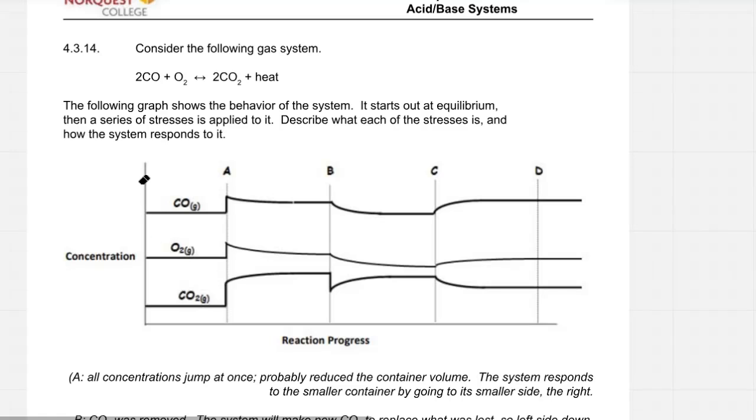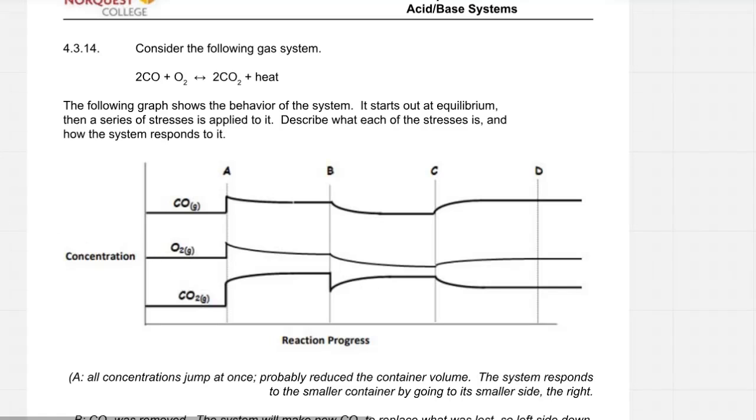So here we have a system with carbon monoxide reacting with oxygen, turning into carbon dioxide and releasing some heat. And they've tracked the concentrations of all of these things, and basically they want you to try and tell the story of what each of these changes was.